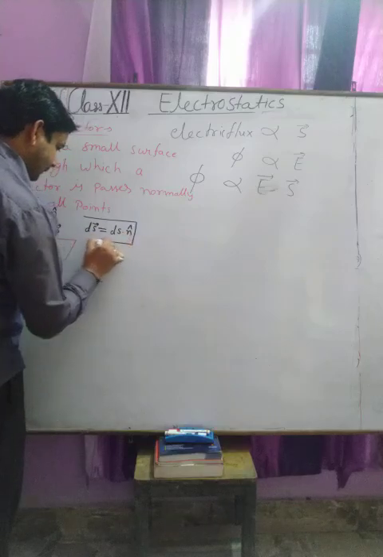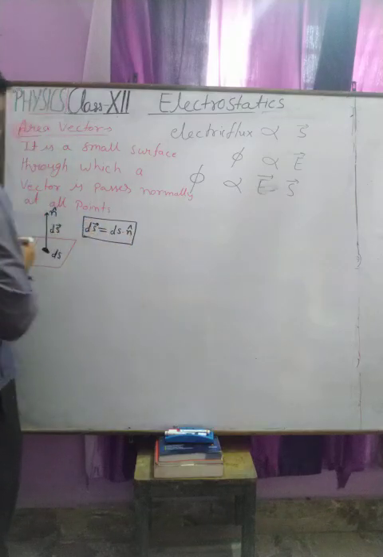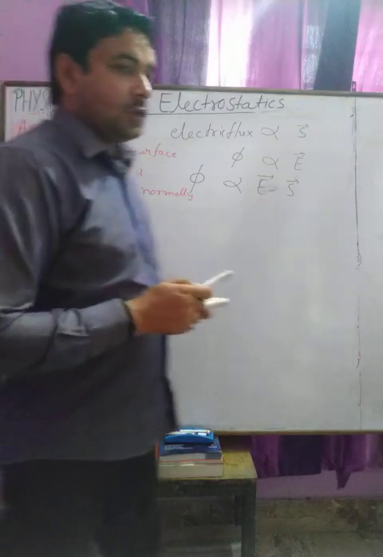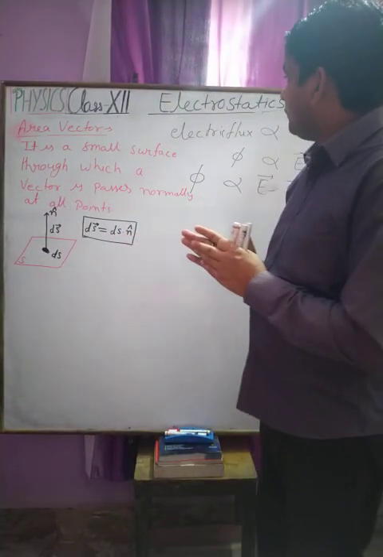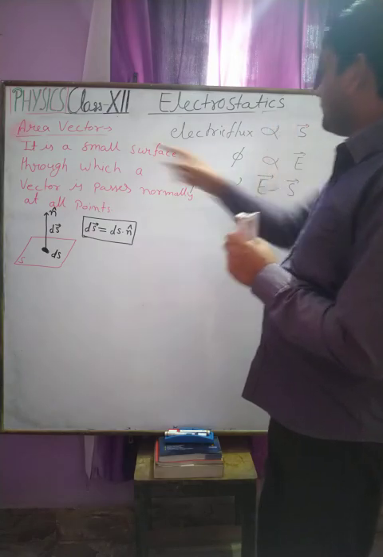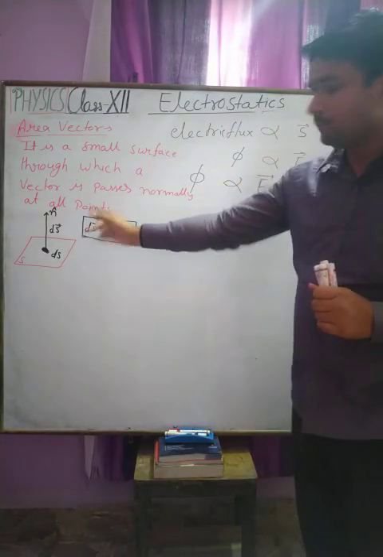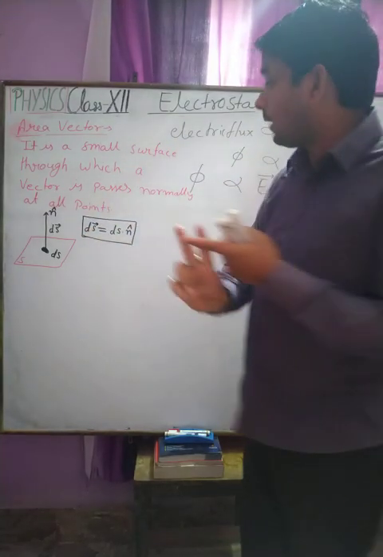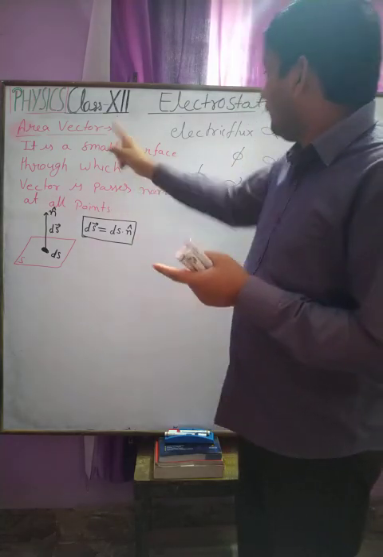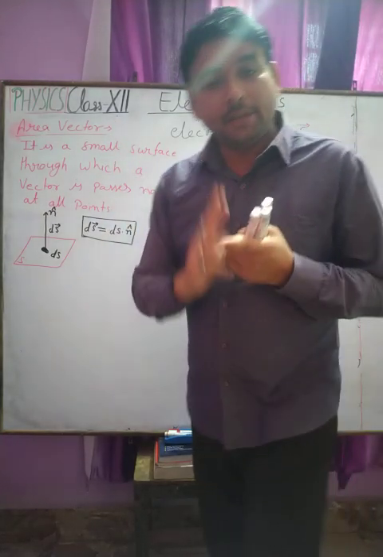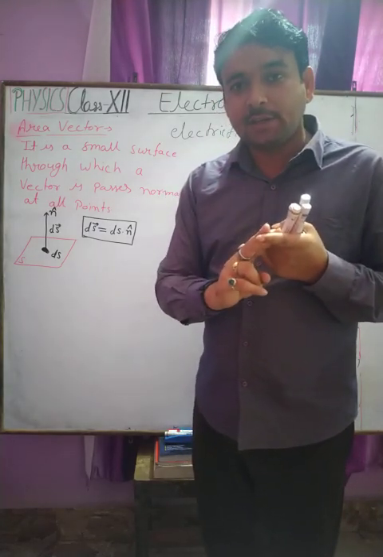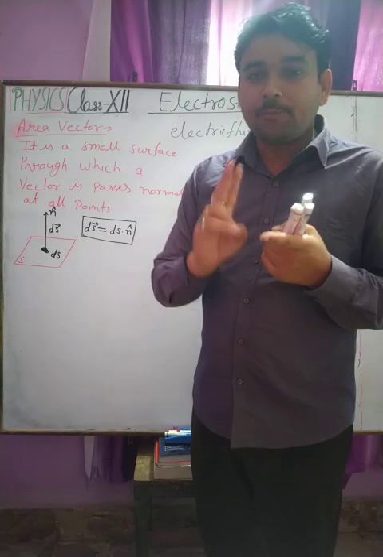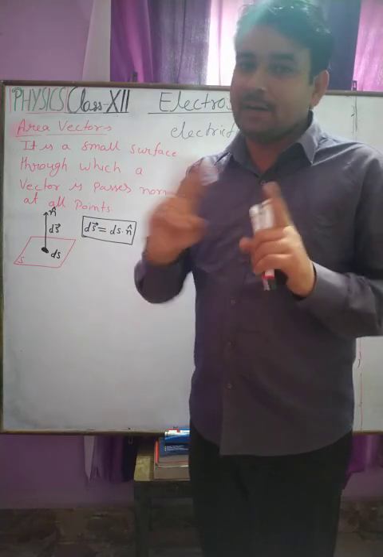This is the definition of area vector. So student, area vector is the small surface area which passes normal to the surface at every point.